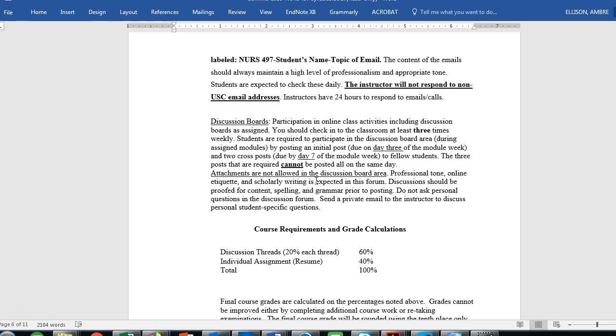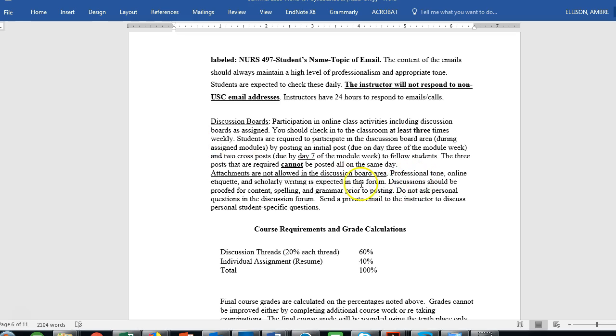I like to write my post in Microsoft Word before I write my discussion board, because my computer has certain software that will make my posts not have grammatical errors, or I can use APA in my actual Microsoft Word, and I cut and paste it into the discussion board. So you can do that, but please do not attach a Word document into the discussion board.